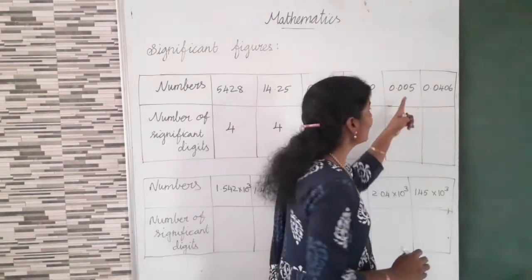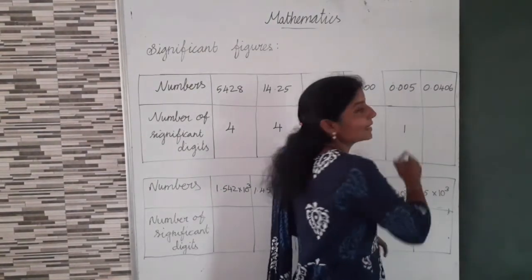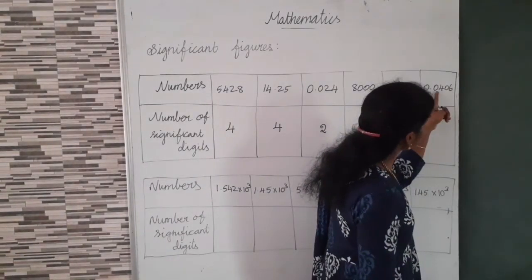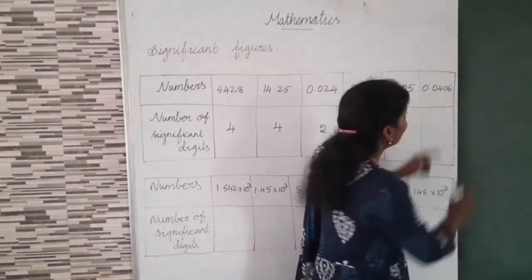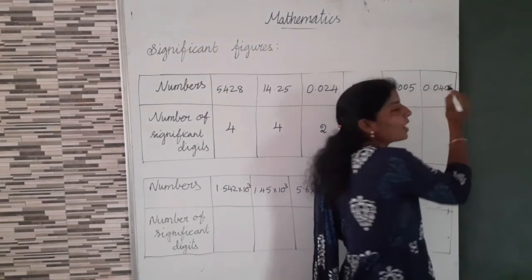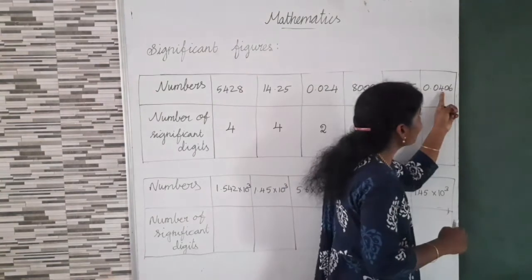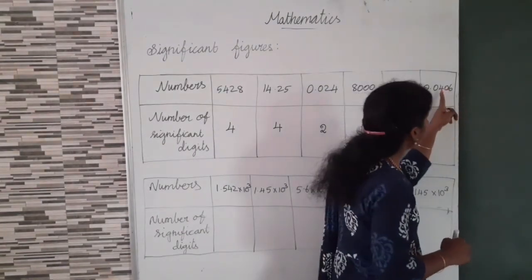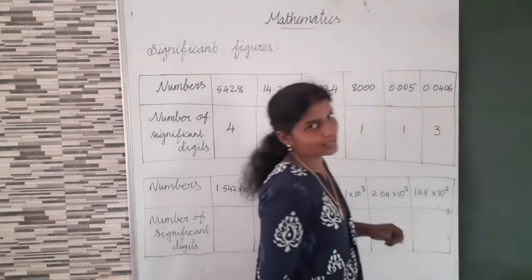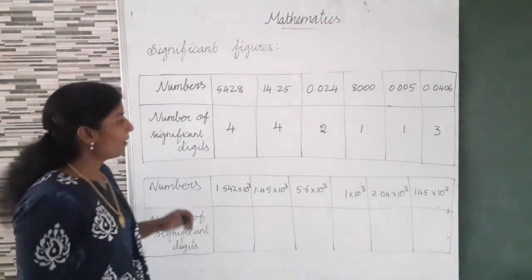So no need to add. Here also only 1 significant digit. Now listen here. Left side we have 2 0, no need to add. But here in between this 0 digit, after we have non-zero digit. So we can add this to this 0. Okay. So 1, 2, 3. 3 significant digits. Clear? Okay.